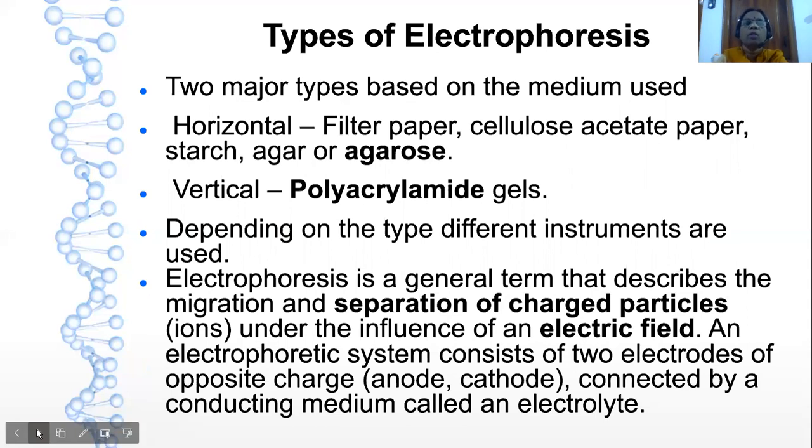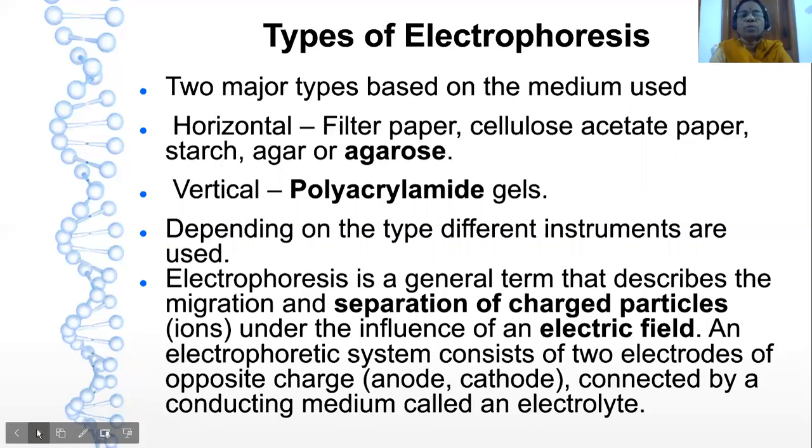The other one, horizontal electrophoresis, is also known as agarose gel electrophoresis or submarine gel electrophoresis. All these three names refer to one and the same technique called agarose gel electrophoresis, and agarose gel electrophoresis in short is known as AGE.